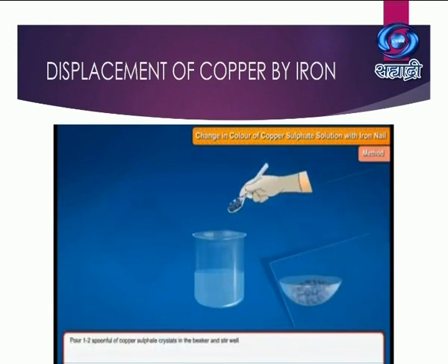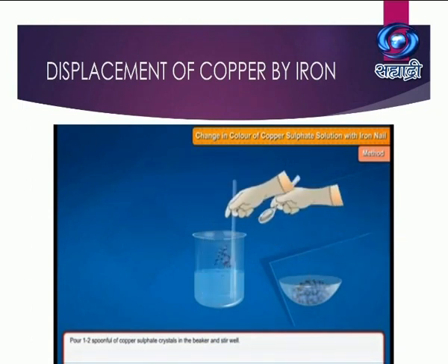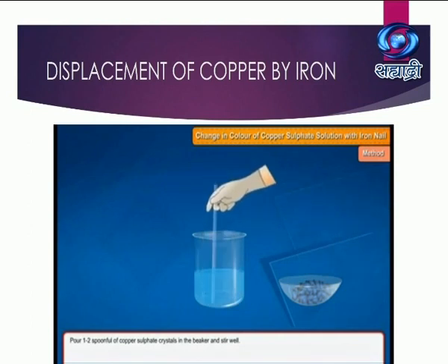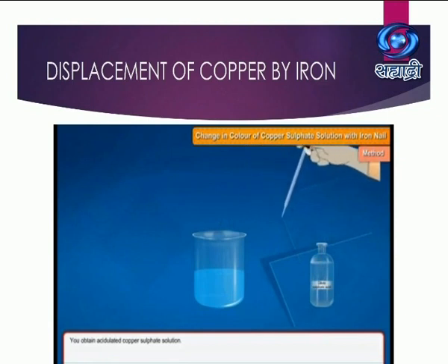Pour 1 to 2 spoonfuls of copper sulfate crystals in the beaker and stir well. Add a few drops of dilute sulfuric acid. You obtain acidulated copper sulfate solution.